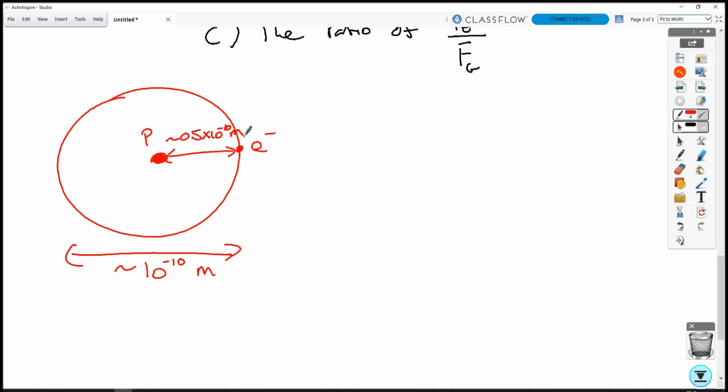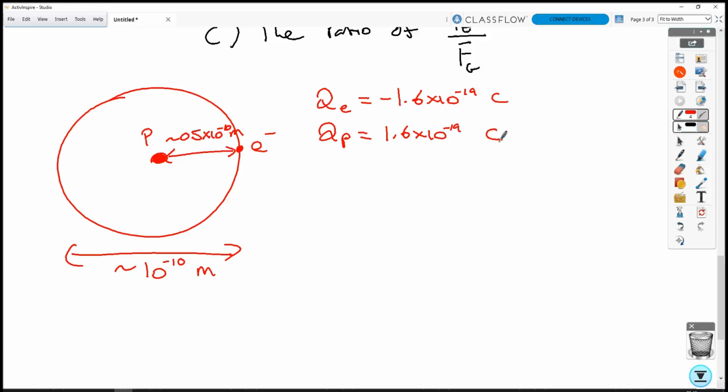And then we know that the charge of an electron, Q of E, is equal to minus 1.6 times 10 to the minus 19 coulombs. And the charge of the proton is equal to 1.6 times 10 to the minus 19 coulombs. For the next question, because we're talking about gravitational fields, we're going to need to know the masses as well.